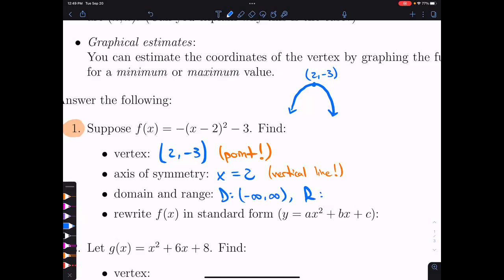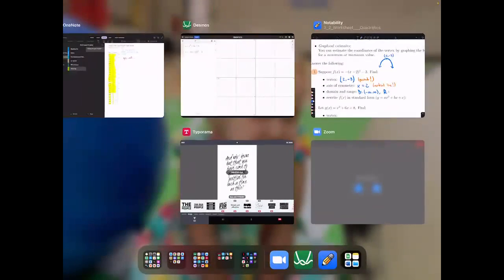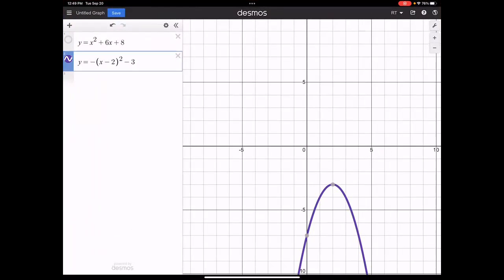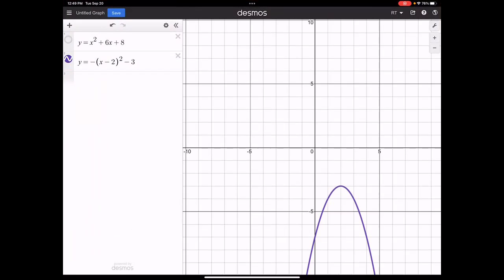So why -7? Where's -7 coming from? Oh, I see. So it does pass through -7, right? That's the y-intercept. There's the vertex.